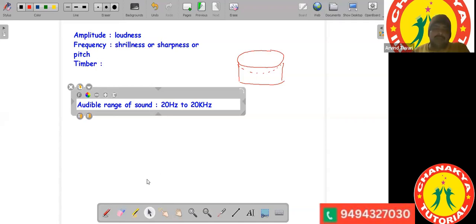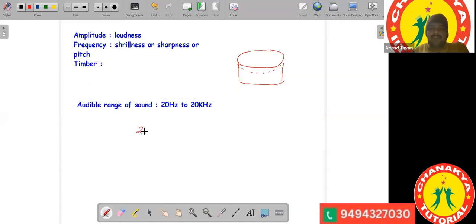So the frequency we can hear is 20 hertz to 20 kilohertz. If you have a frequency lower than this, that is called infrasonic. The sound can have higher amplitude, it can have loudness, but if the frequency is less than 20 hertz, we will not be able to hear.